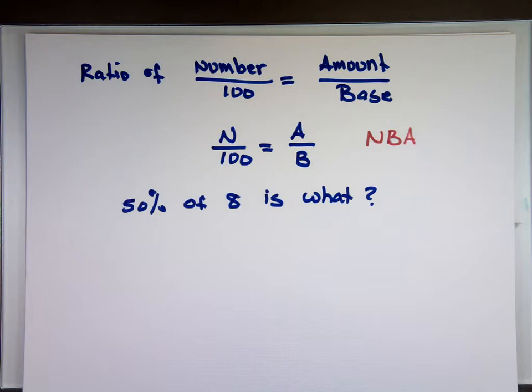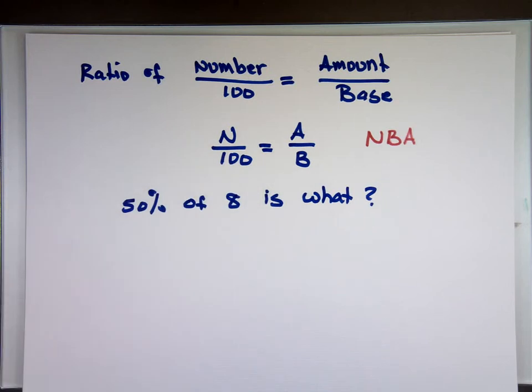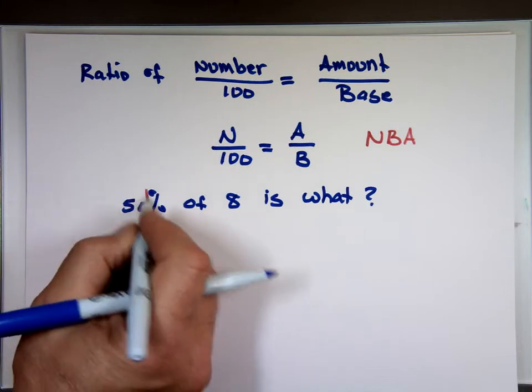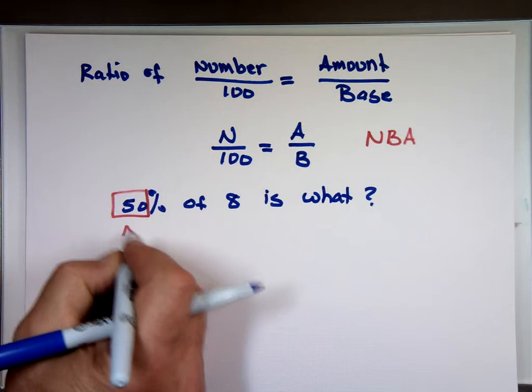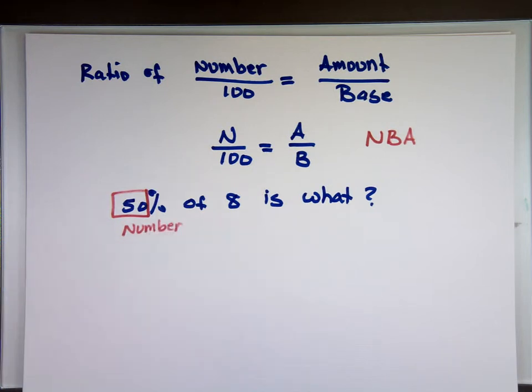I need to identify which one is the number, which one is the amount, and which one is the base. Once I identify them, plug them into this, now I'm ready to solve it. Here's the good news. The percent is always your number.